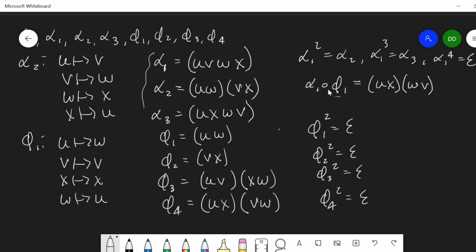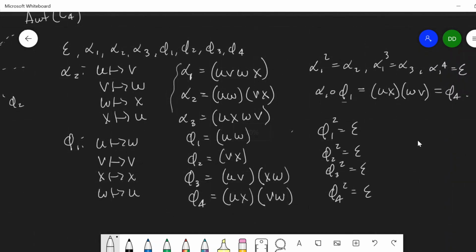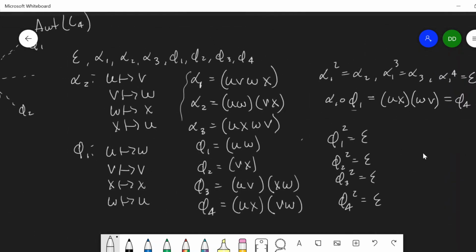So alpha 1 composed with theta 1 gives us this, U X W V, which is phi 4. Sorry, that's not theta. I've been saying theta the whole time. This is phi, not theta.